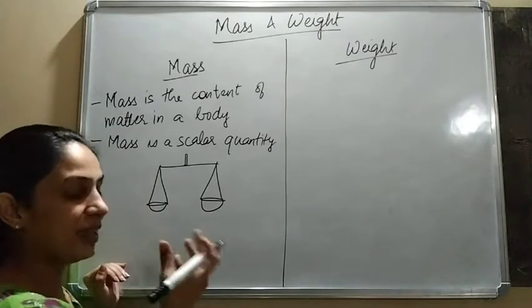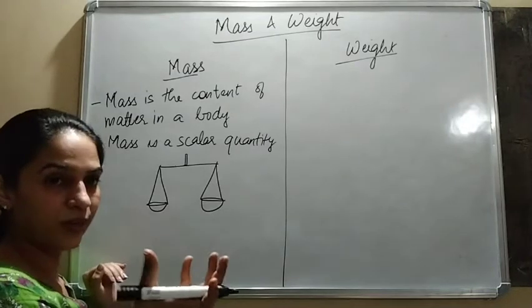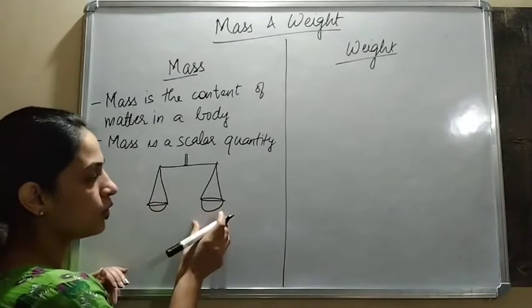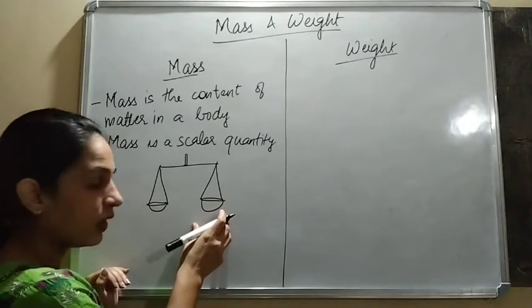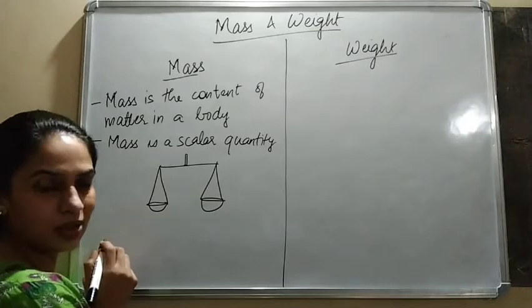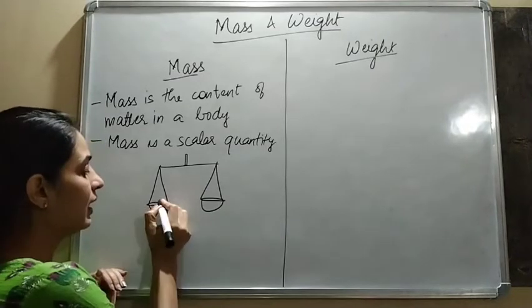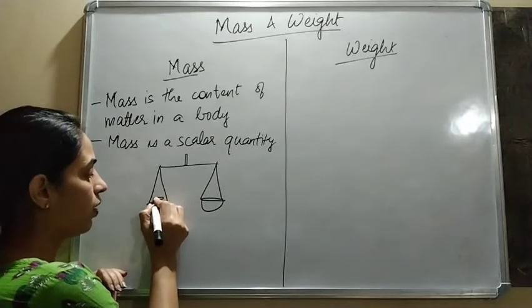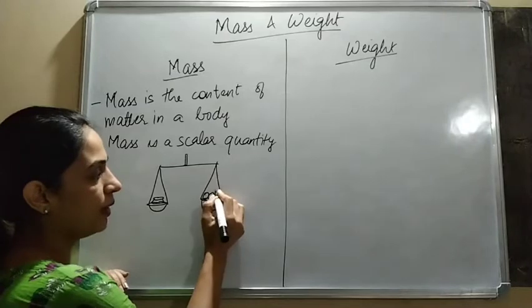There are specific weights, okay, we call them weights. Like if you have gone to buy 1 kg potato and you ask the shopkeeper to give you 1 kg potato, what he does, he keeps 1 kg weight over here, and then he keeps adding potatoes.